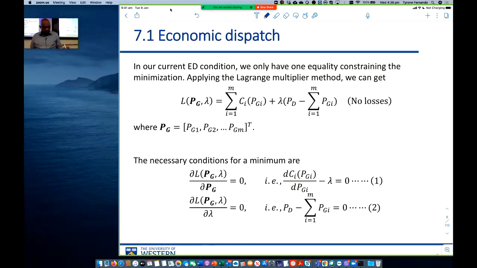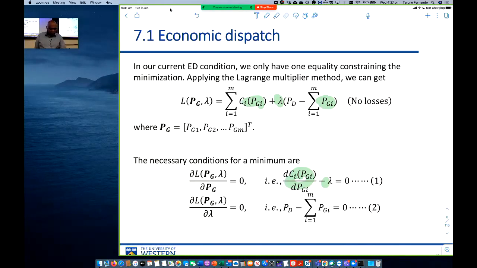If we differentiate with respect to PG1, we just get this minus lambda. So you basically have these two equations.